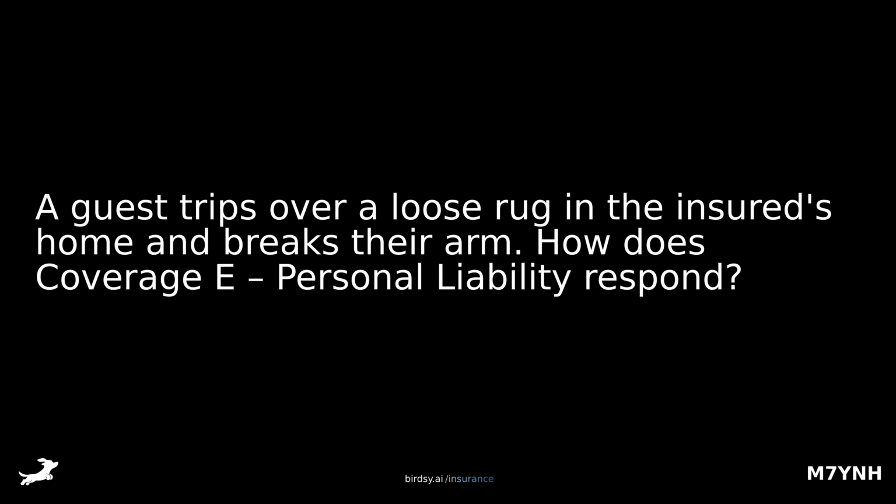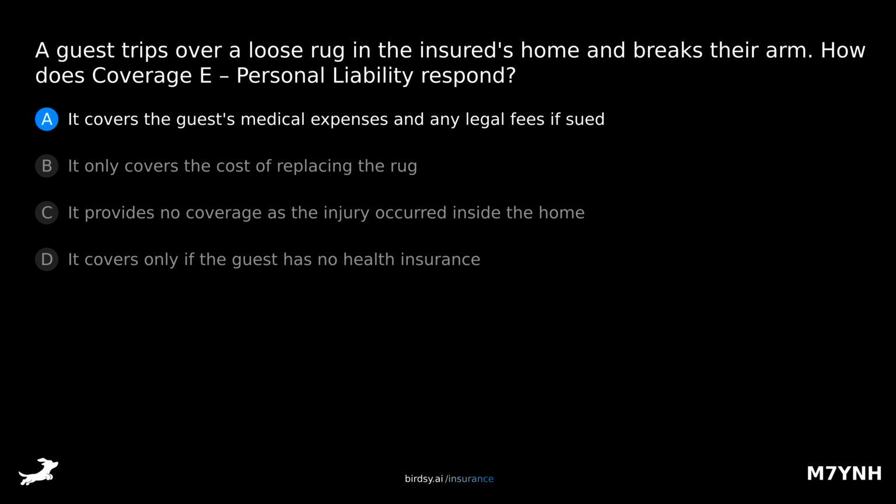A guest trips over a loose rug in the insured's home and breaks their arm. How does coverage E, personal liability, respond? Is it A, it covers the guest's medical expenses and any legal fees if sued? B, it only covers the cost of replacing the rug? C, it provides no coverage as the injury occurred inside the home?